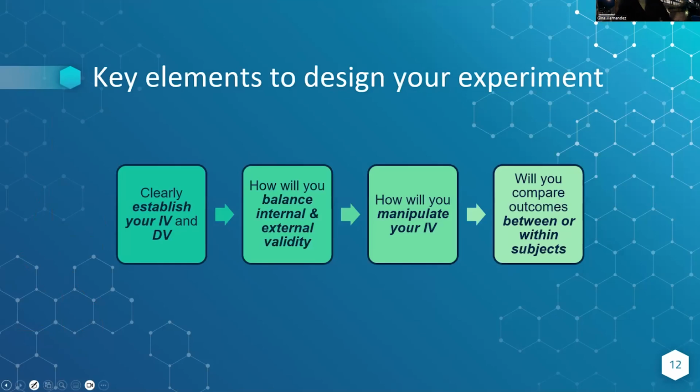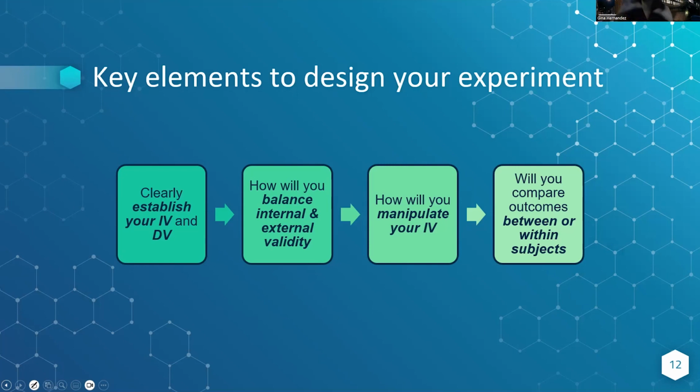Okay, so just to be clear, the key elements that you need in order to design an experiment are, first, clearly establish your independent variable and your dependent variable. Then you need to ask yourself, how will you balance internal validity with external validity?